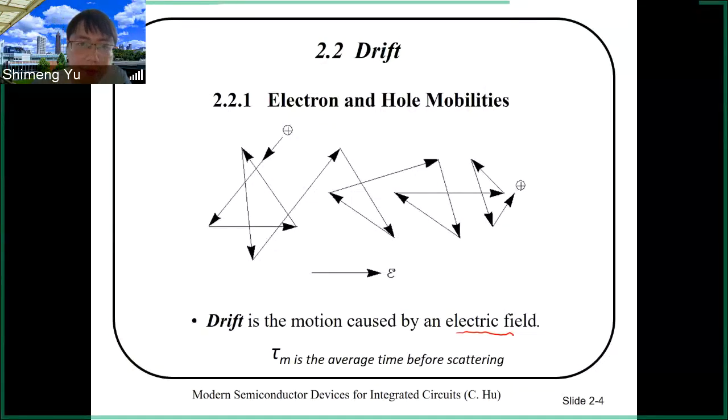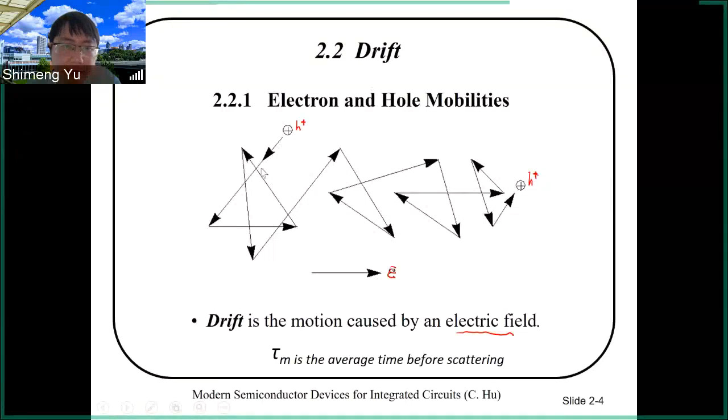In this example, if we think about the hole, which is positively charged, then we have the electric field applied externally to the right. So the hole will statistically move to the right after some time, along the electric field. So this will cause the drift current.